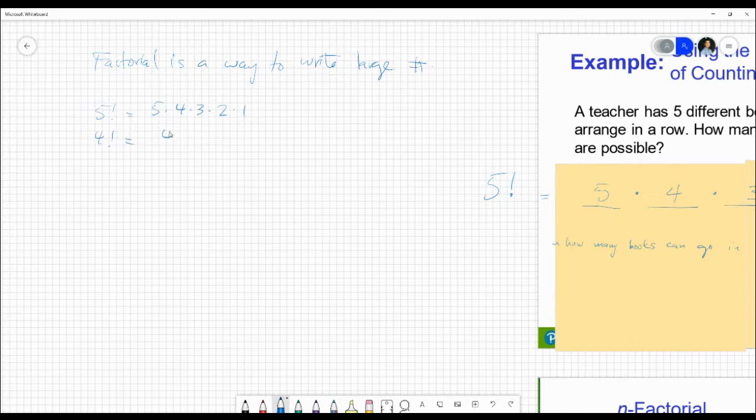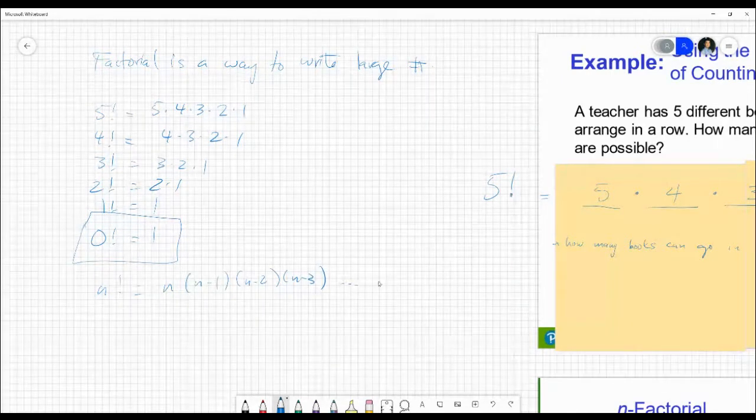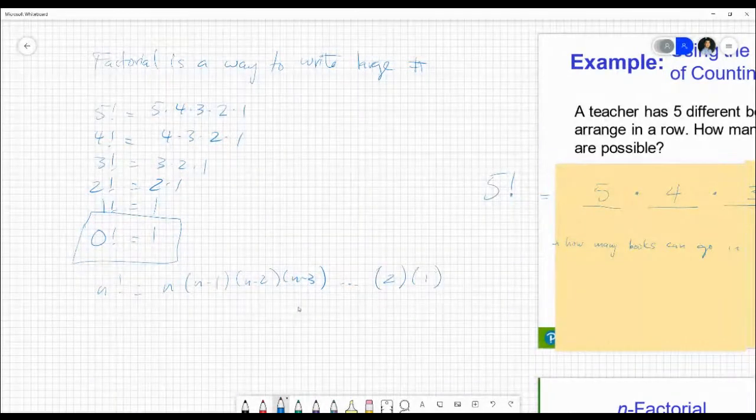So 4 factorial would mean 4 times 3 times 2 times 1, then 3 factorial, and so forth. 1 factorial is just 1. Another interesting fact is that 0 factorial is actually not 0. 0 factorial is actually 1, and we need this to be true so that we can deal with combinations and permutations. So n factorial is equal to n times n minus 1, n minus 2, n minus 3, and we just keep decreasing until we get to 1.